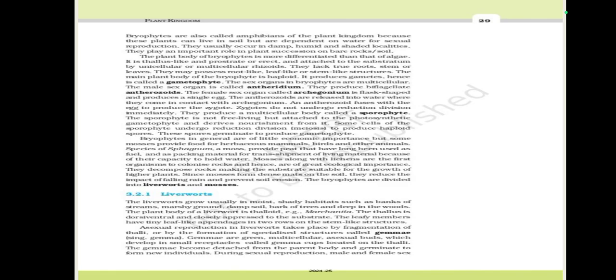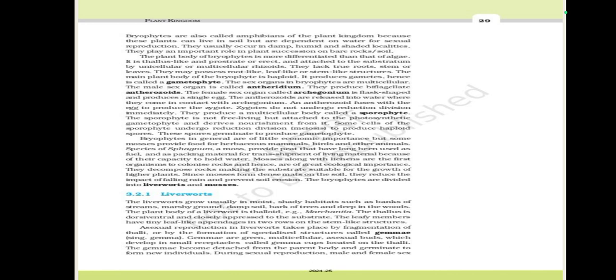Bryophytes are also called amphibians of the plant kingdom because these plants can live in soil but are dependent on water for sexual reproduction. They usually occur in damp, humid, and shaded localities. They play an important role in plant succession on bare rocks and soil.